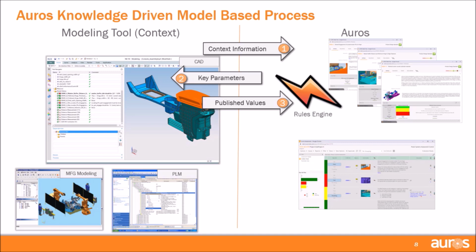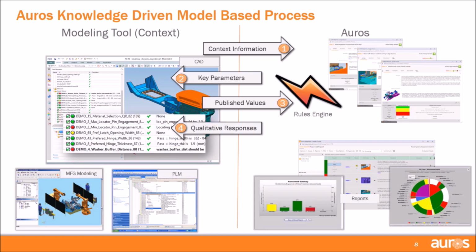Now once that validation takes place, a qualitative response, whether it's pass, fail, red, yellow, green, that qualitative response gets sent back into the modeling tool, as well as being stored within the assessment control.